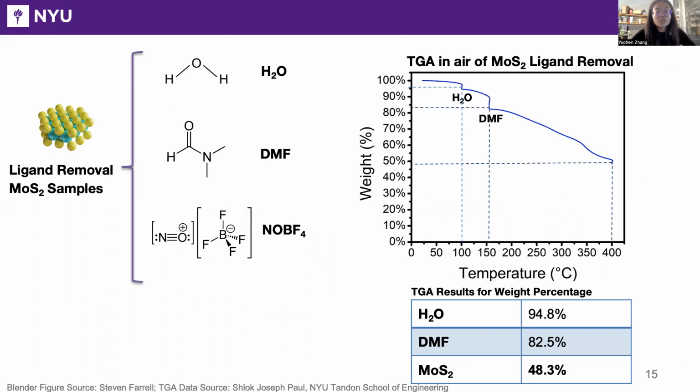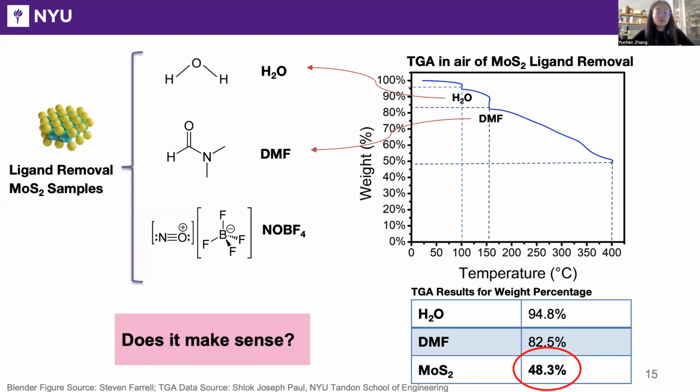Therefore, to measure the volatile components in our samples, we did TGA analysis. Subtracting the weight percent of water and DMF, we can see that the weight of just the MoS2 catalyst is only 48%. But does this number make sense? Or do we have too much material on here?